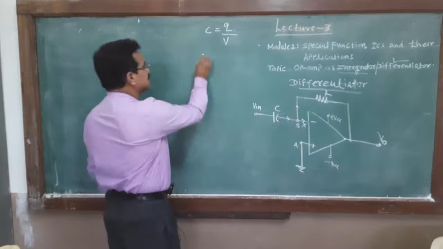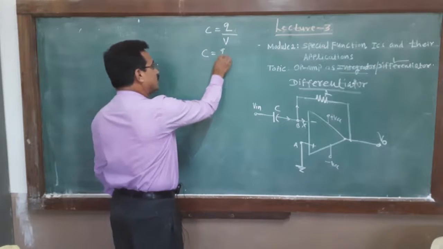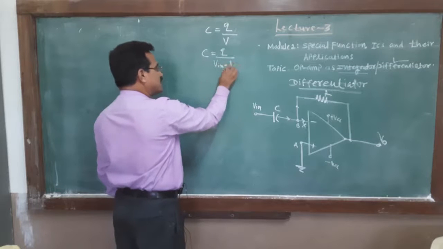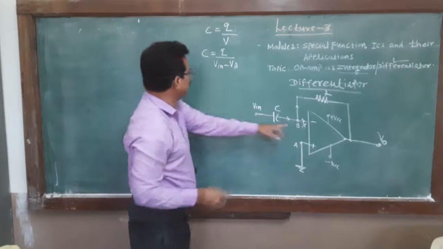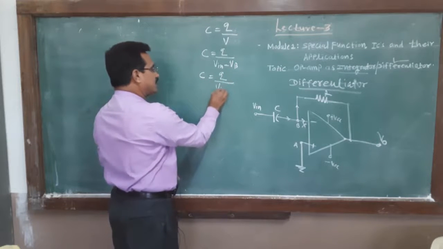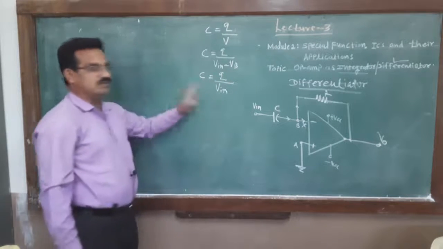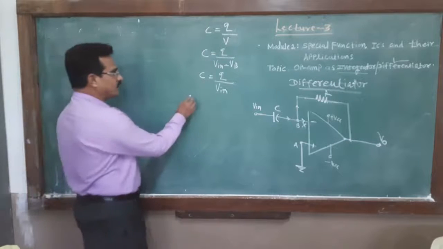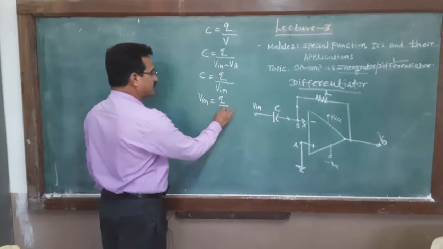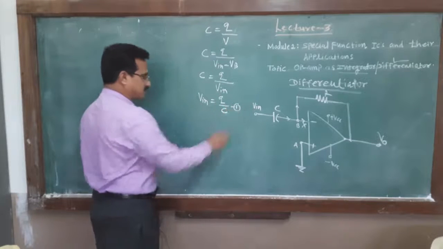How will you find this? C is equal to Q divided by Vin minus VB. VB is 0. That's why C is equal to Q divided by Vin. And therefore Vin is equal to Q upon C. Call this equation first.